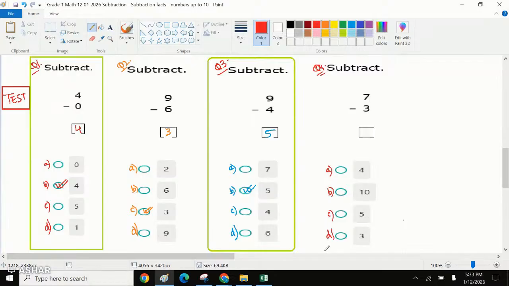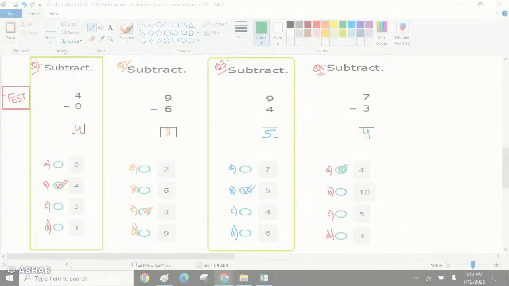About question number 4. 7 minus 3 is? Yes, thank you, Eddie boy. That is 4. And where do we find 4 in the answer? That is option number 1, right? So we select option number 1 and we say 7 minus 3 is equal to 4.